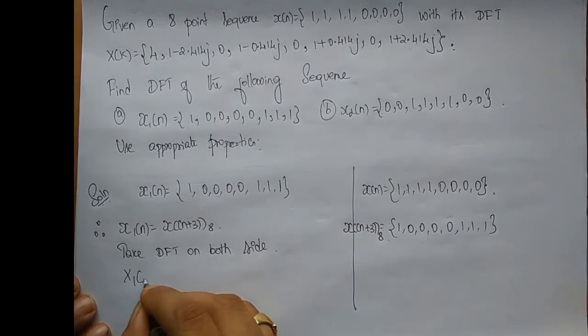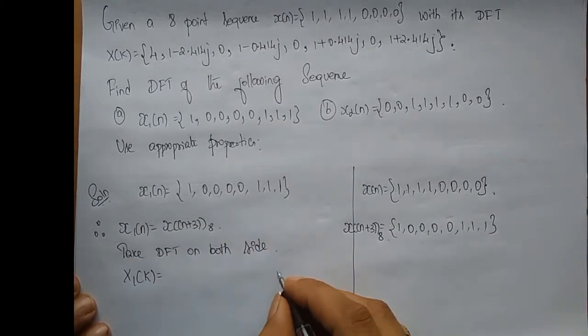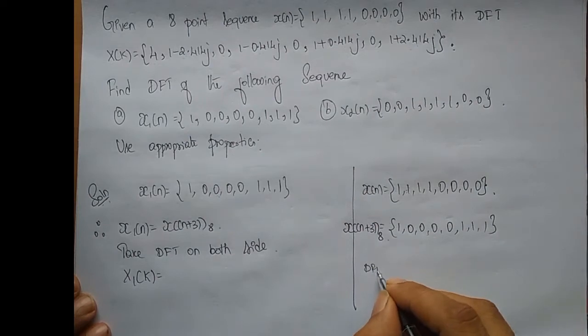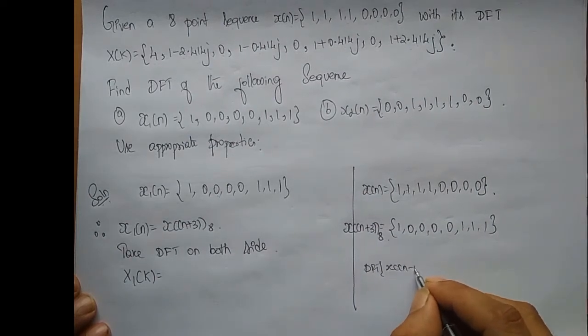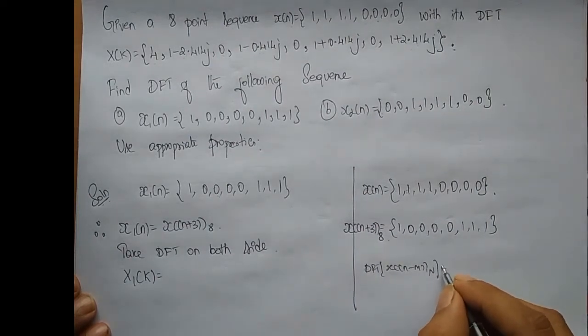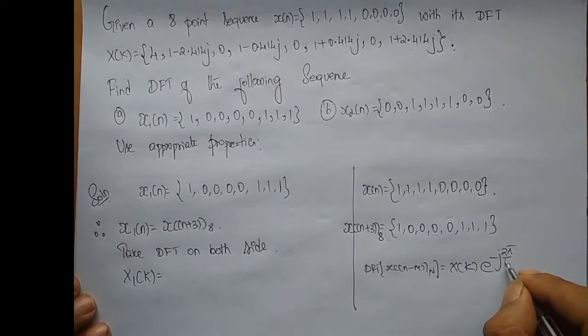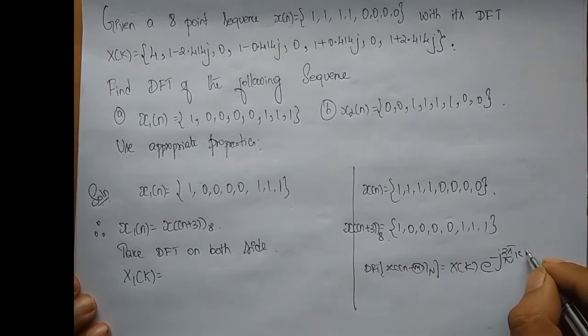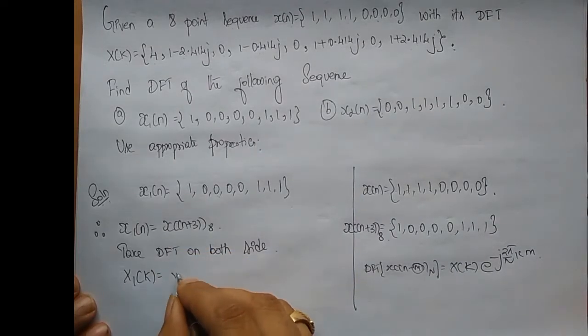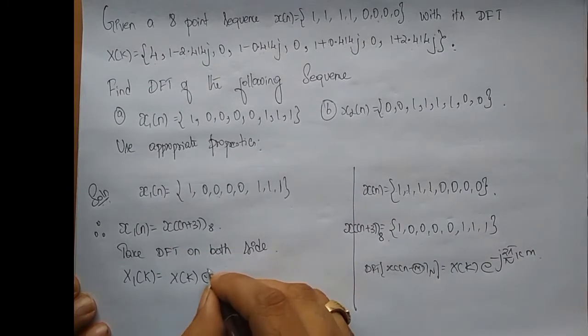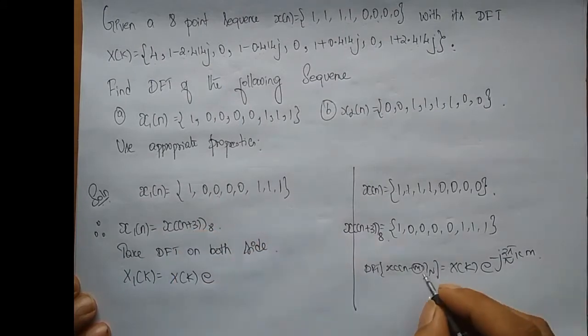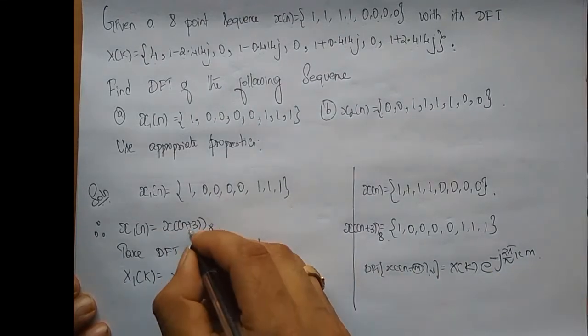I get x1 of k is equal to, which property do I have to use? What is the DFT of x of n minus m mod n? It is nothing but x of k multiplied by e power minus j 2 pi by n into k into m, where m is how many times it is shifted. Similarly here, x of k gets multiplied with e power, here I have plus, since I had minus there.